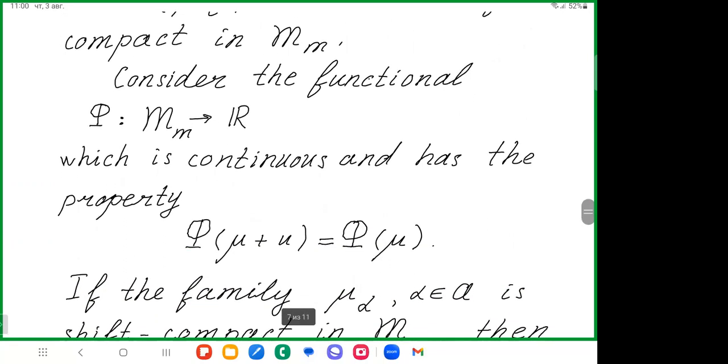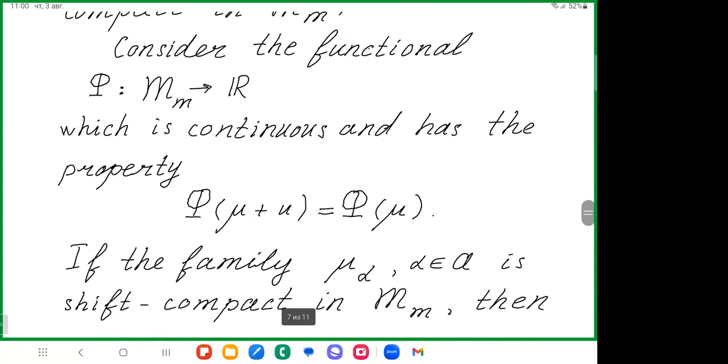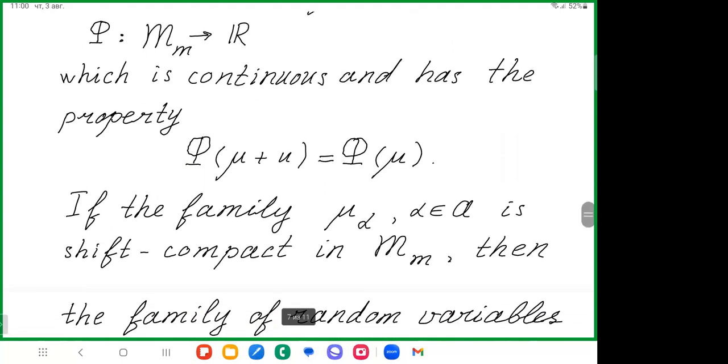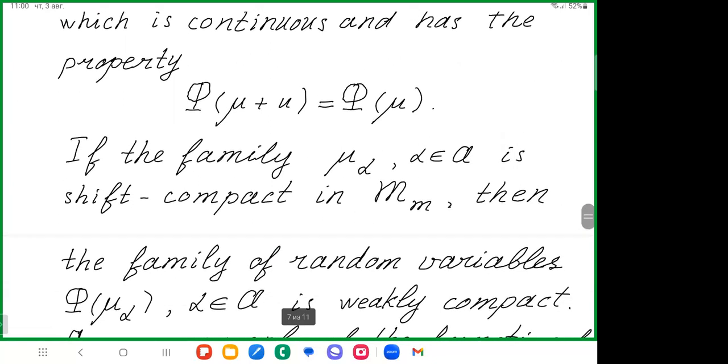Then, if the family mu alpha is shift compact in the space M small, then the family of random variables is weakly compact. So one can control the distributions of such functionals from our measures mu alpha.